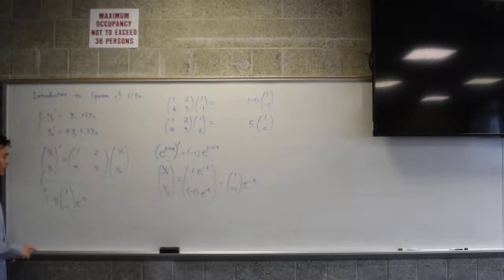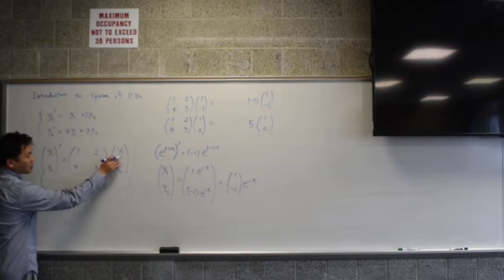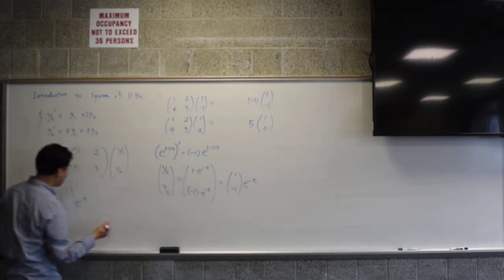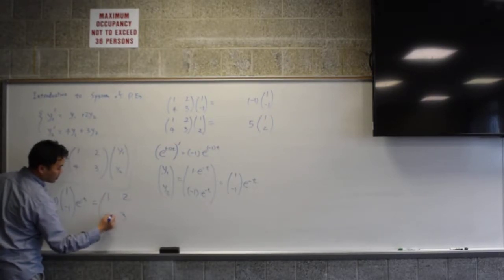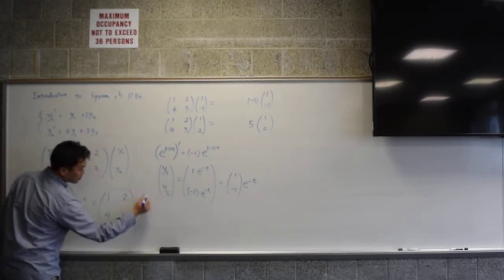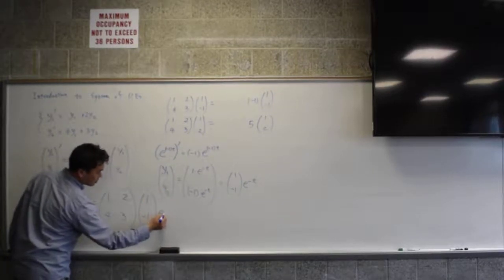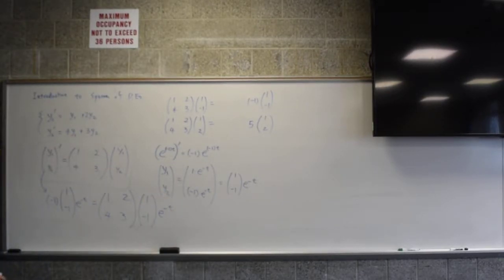Okay. All right. Now, if I replace this one again by this, let's see what we get. 1, 2, 4, 3, times 1, -1, e to the negative t. Okay. And the question is, is this true?